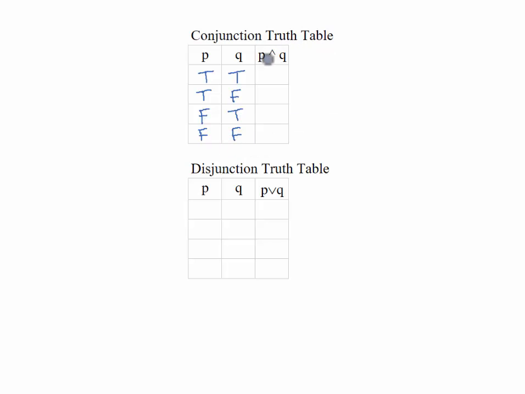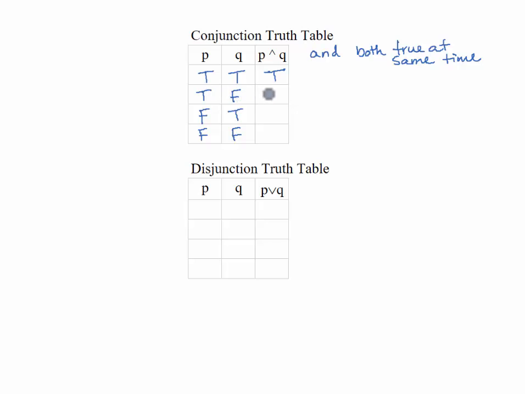Okay? If we have and, remember we've talked before about and means both must be true at the same time when we were graphing. Well, it's true here too. When they're both true at the same time, P and Q is also true.